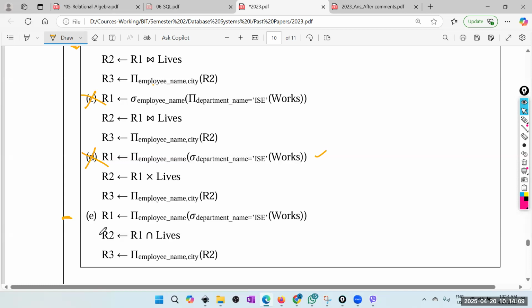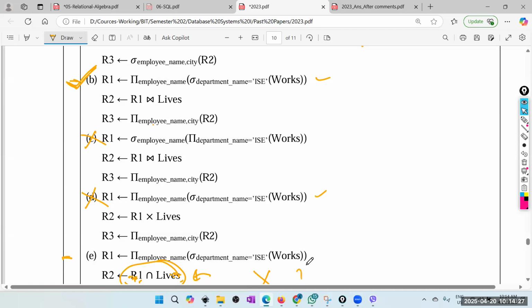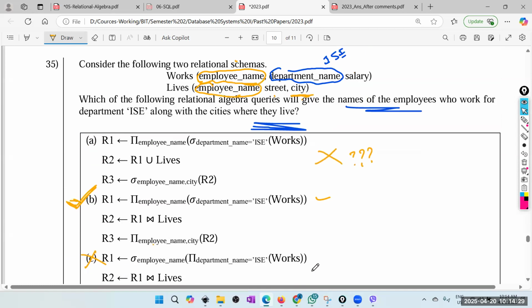So though it looks okay, this is not the standard way to do it. It's like intersecting apple with orange. So anyway, I will not go for that. These two may work, but not the best. In this special case, it may work, but I will go for B.